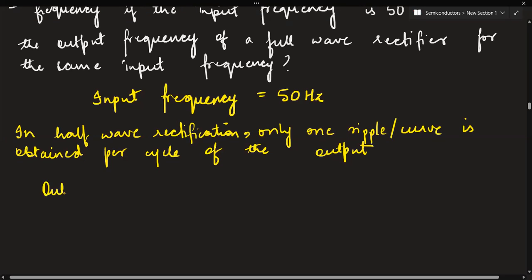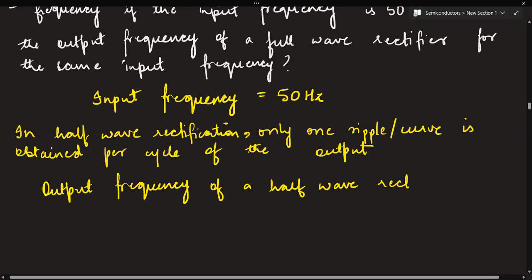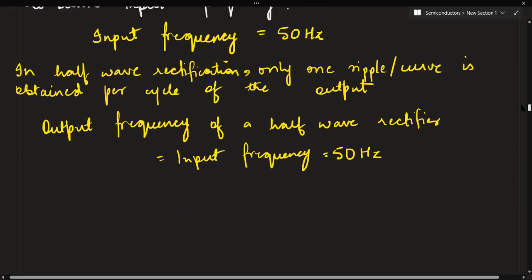So the output frequency of a half wave rectifier is actually equal to the input frequency only. And the input frequency is 50 hertz.